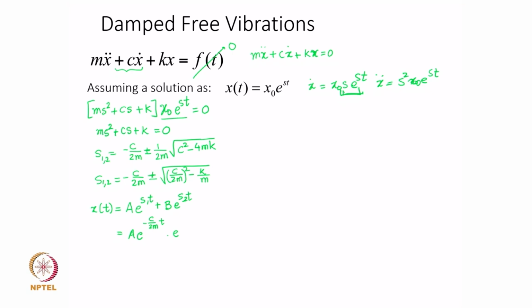So, if I take S1 to be this plus sign, then I have square root of C over 2 m squared minus k over m, t, and then similarly I will have the expression for B. It looks a little involved, but it will definitely give a lot of good insights.